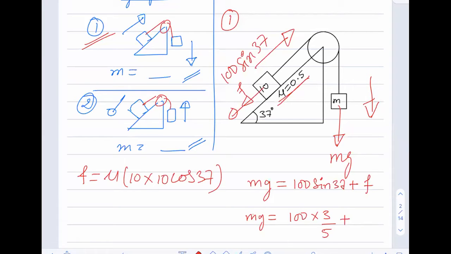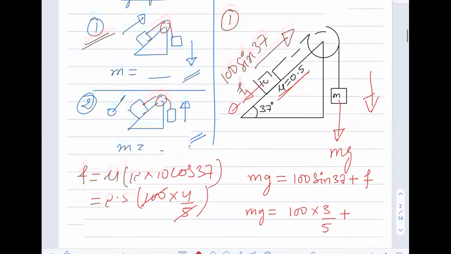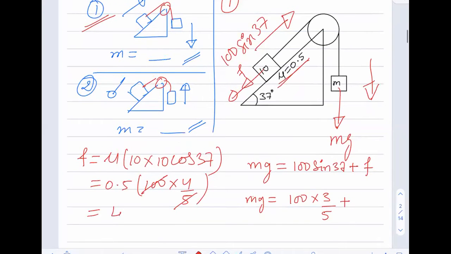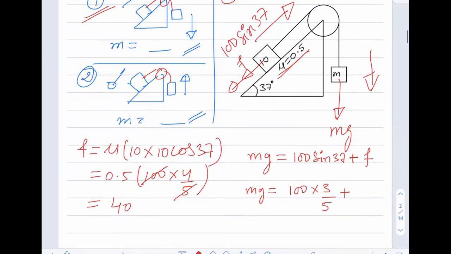So when you solve this, mu value is given to me as 0.5, and this will become 100 into 4 by 5. So this is 20 into 8, that is 40 now. And this is here 60. So mg is equal to 60 plus 40, and that is 100.